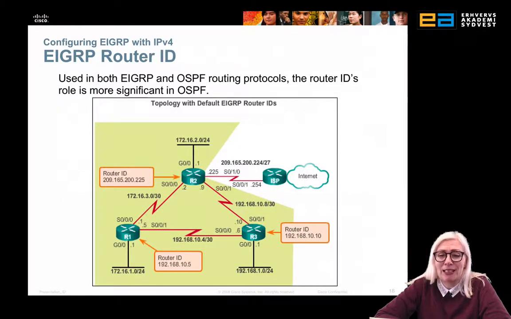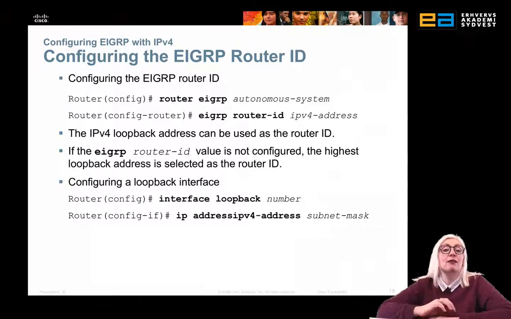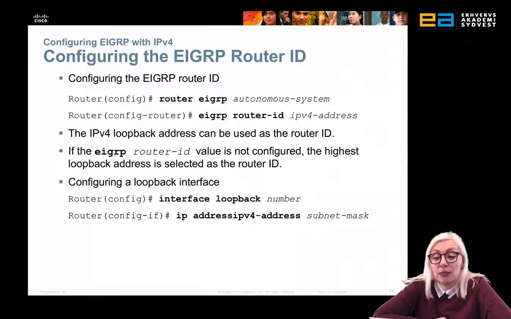Then in EIGRP, we can also set up the router ID. It doesn't really have that significance as in OSPF, but we can do it, and if we don't do it, then a router ID will be calculated automatically. Of course, we can say eigrp router-id, and this is an IP version 4 address that we set up, for instance, 1.1.1.1 or 2.2.2.2 or whatever.